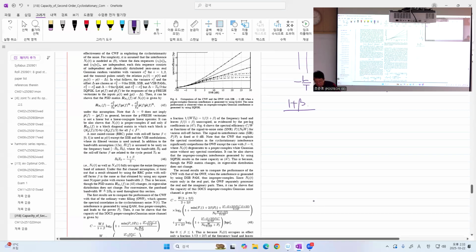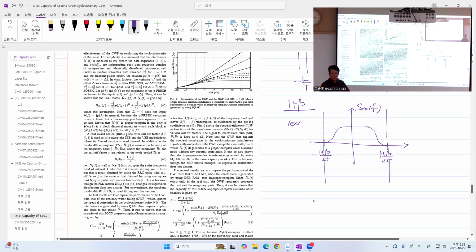In order to understand, let's see an example of some cases where we have a raised cosine shaped power spectrum. Suppose this is the bandwidth we are interested in.